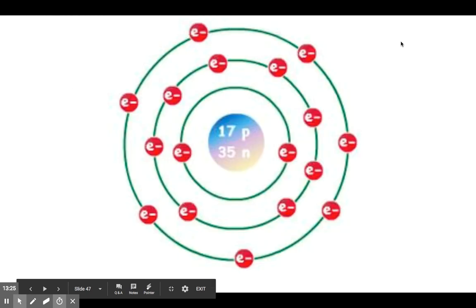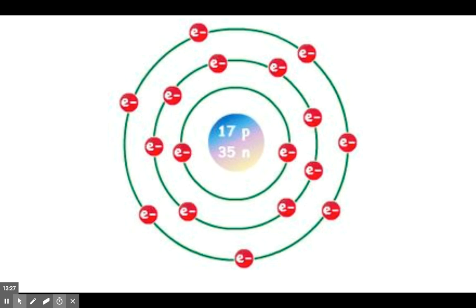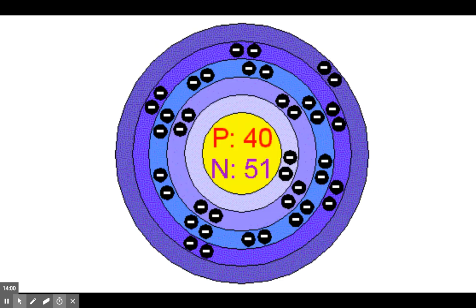What element is this? All right. This element has 17 protons, which means our atomic number should be 17 as well. So we should have went to our periodic table, found atomic number 17, and this element is chlorine.